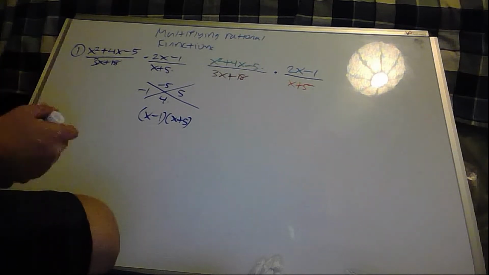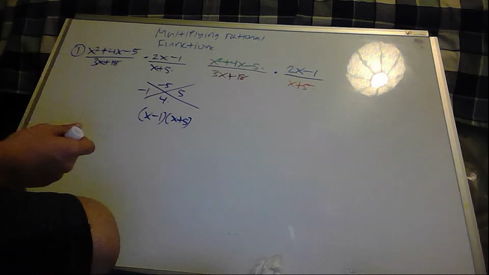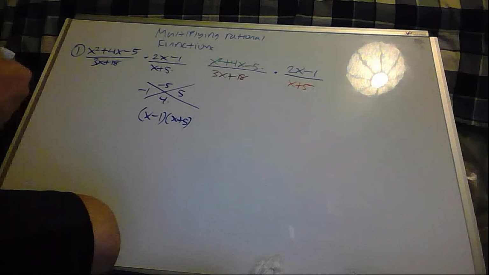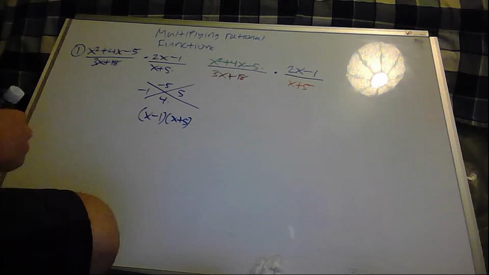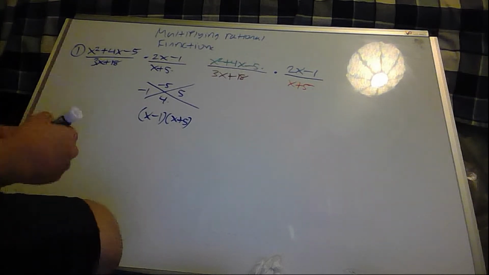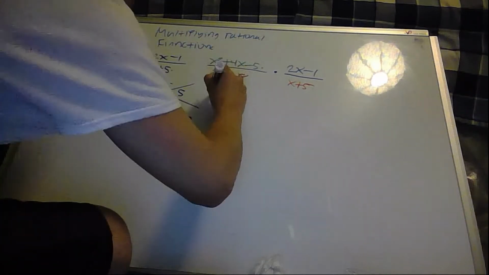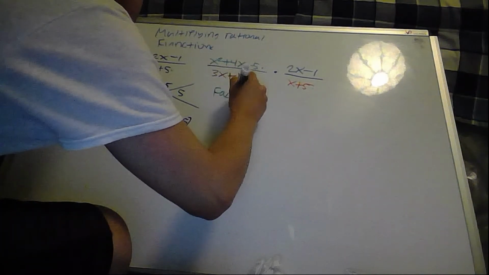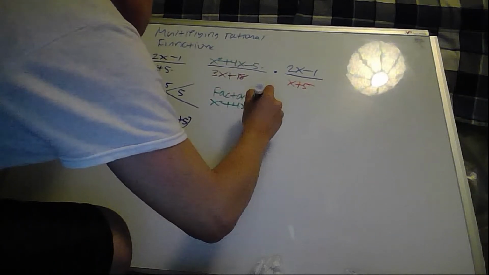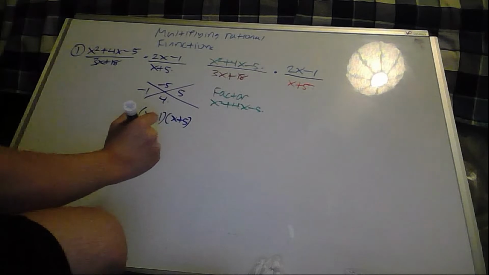So let me just explain what I'm doing. Basically, you're going to factor everything, okay? Now, like I said, if there's one part that's not factorable, you're gonna leave it as it is. So first we're gonna factor x squared plus 4x minus 5, okay?